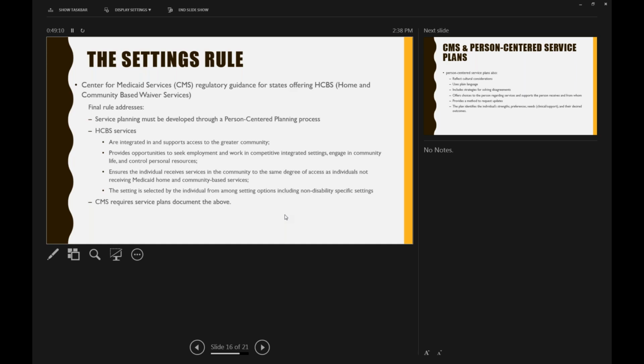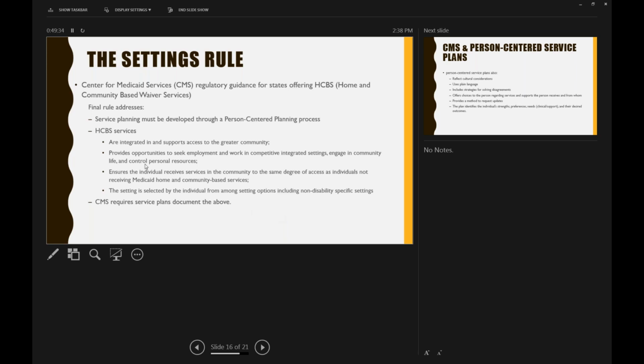It ensures that individuals receive services in the community to the same degree of access as individuals not receiving those Medicaid waiver services, and the setting is selected by the individual from among setting options, including non-disability specific settings. And then CMS requires service plans document the above.